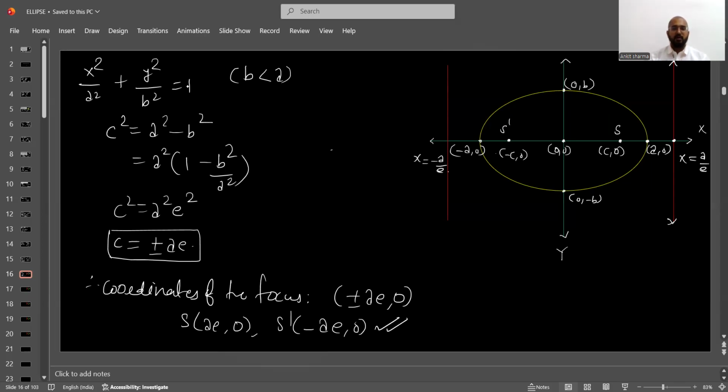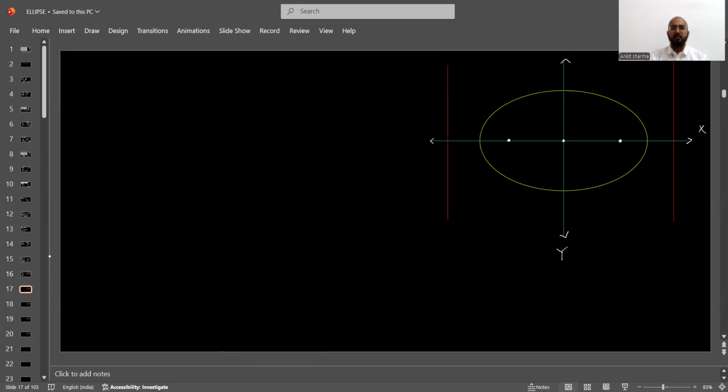Now I'm going to name all of them, and we will have the terminology. So this is my point ae comma 0, the first focus S, and S dash is minus ae comma 0. This is 0 comma 0 here, and this point right here is a over e. So x is equal to a over e is this line, and x is equal to minus a over e is this line. 0 comma 0 is the center, C. These are the vertices.